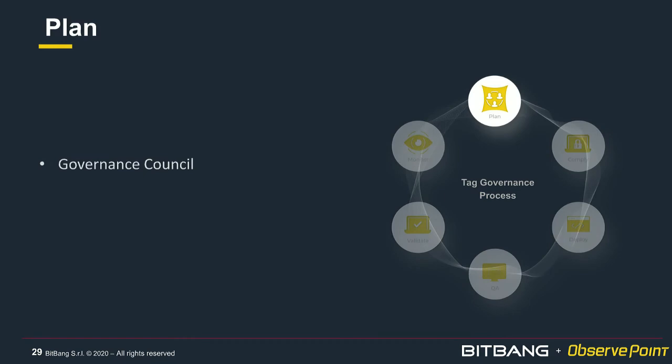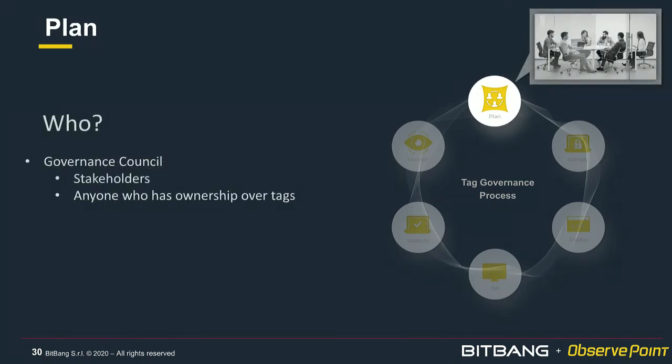And we like to say that any plan must start with a group of people who actually care about the plan. We've grandly called this the Tag Governance Council, but in essence, it is a group of leaders or stakeholders in your organization who have the position to actually execute on change, to decide on the strategy, and also to have a vested interest in the quality of the data.